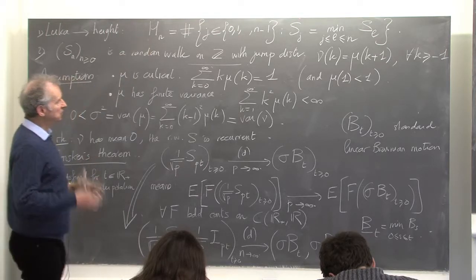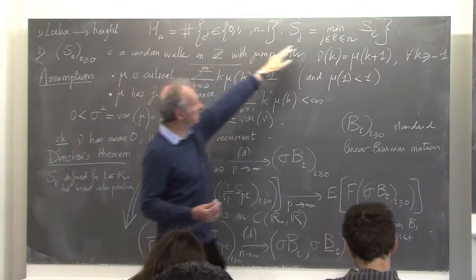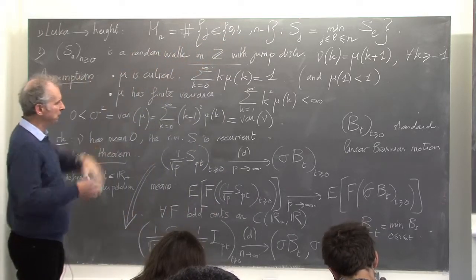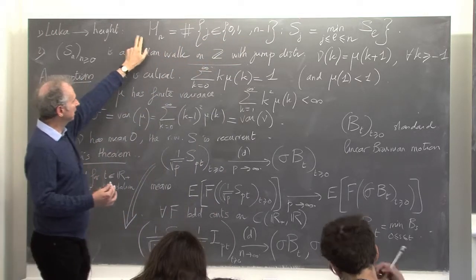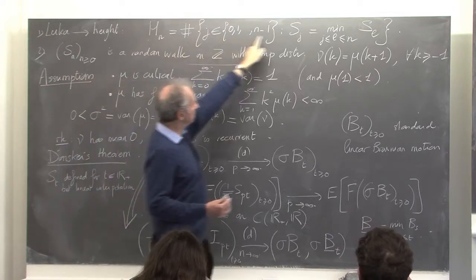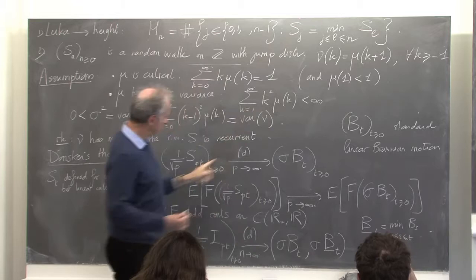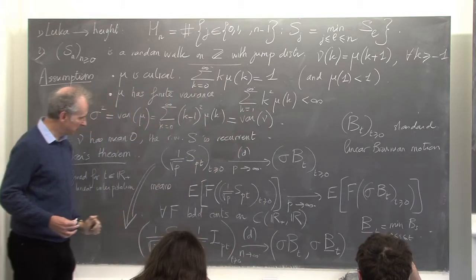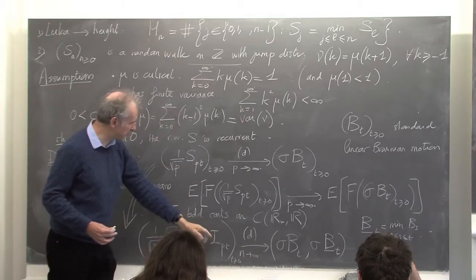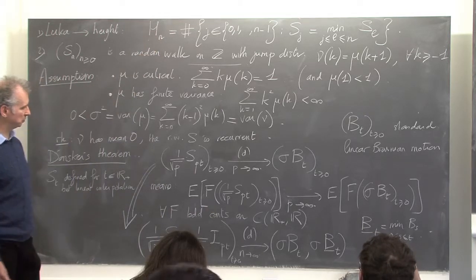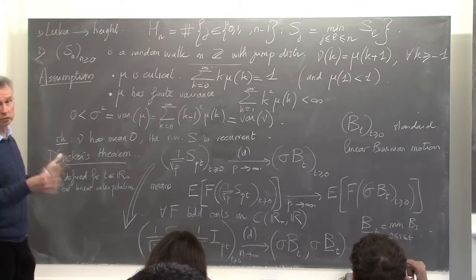But it's not so easy, because here you have something which is really not at all a continuous function of the path. So you cannot directly get information about this bizarre function of capital S from the convergence that you have here. It's not like for the infimum. The infimum is a very nice function. Here it's a more complicated function of S. So you need to do something else.